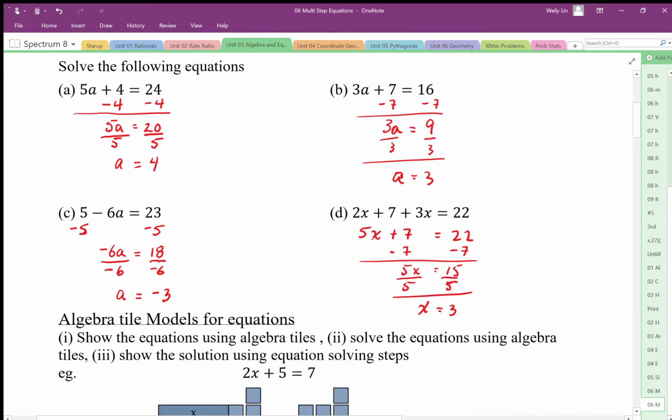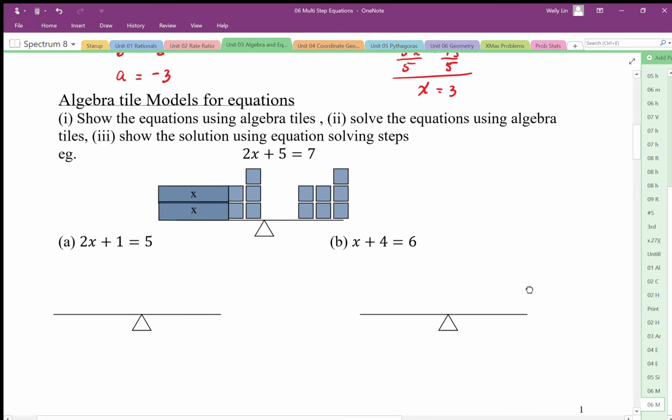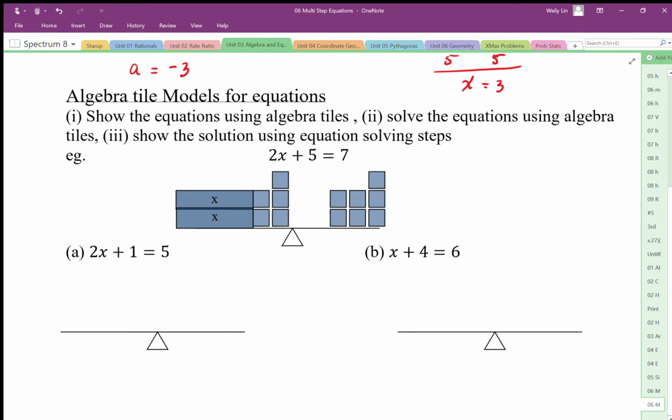Okay, so the algebra tile model is basically using the balance and showing pieces on a balance. It could be algebra tiles, it could be other objects. Essentially, the app that I showed you the other day is this idea that we have physical things on a balance. So if I want to solve this equation, I can do things like this.